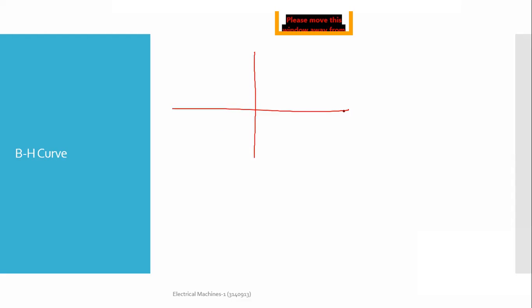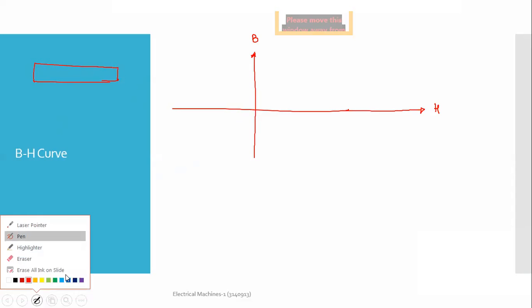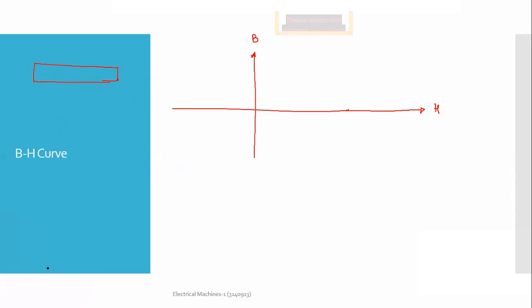So this is, let's say, H, this is B, and I have taken one core material of any machine. Let's say this is a transformer core, and this is a winding wound on the core.